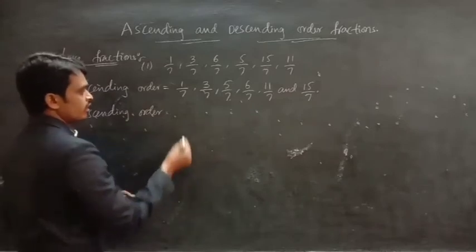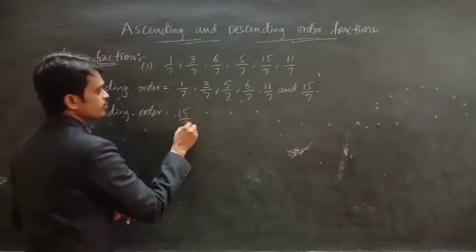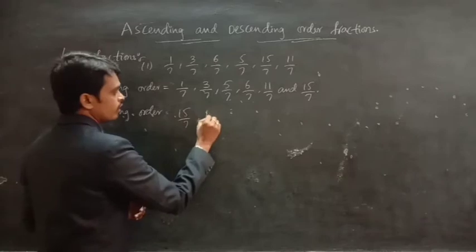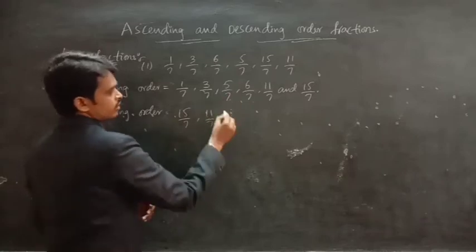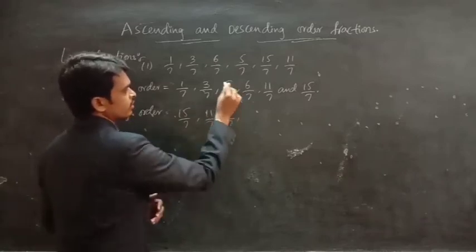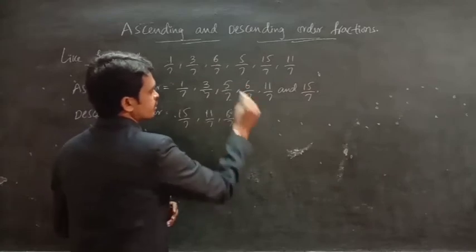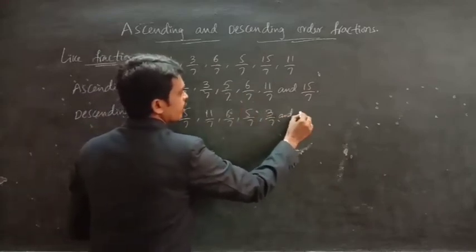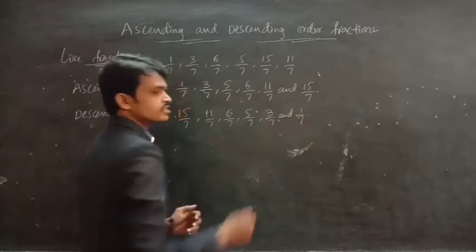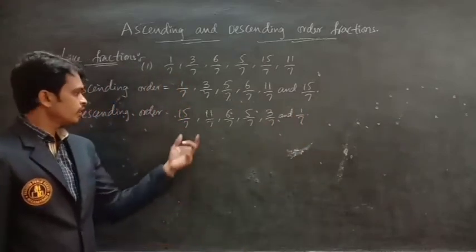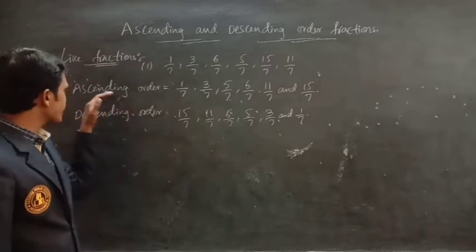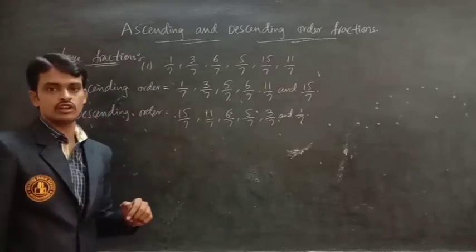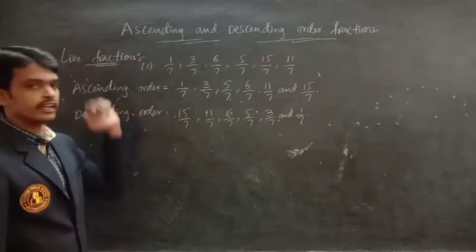So here 15 by 7 is the biggest number, then 11 by 7, next 6 by 7, next 5 by 7, next 3 by 7, and the last is 1 by 7. In this way, we write the ascending and descending order of like fractions.